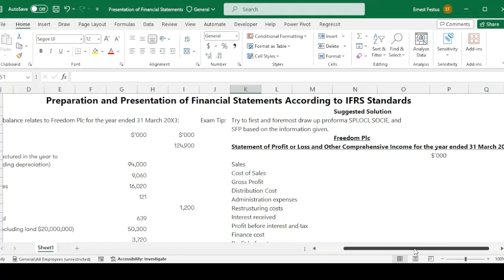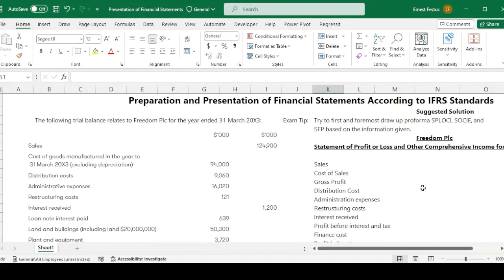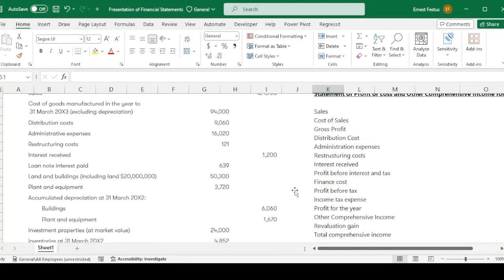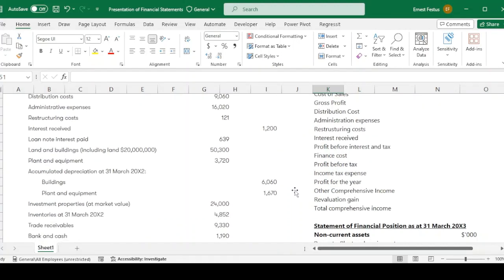So what I'm trying to say is that you should know some of the key standards that guide the preparation of financial statements. There are some items that are always there. For instance, revenue, so you should be conversant with IFRS 15. Another one is property, plant, and equipment, that is IAS 16. You should be very conversant with IAS 12, that is income taxes. You should be very conversant with IAS 37, provisions, contingent liabilities and contingent assets.